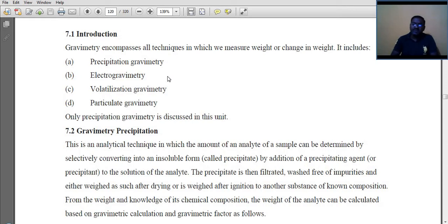Once the precipitate is formed, it is filtered, washed to remove impurities, and weighed as such after drying, or weighed after ignition to another substance of known composition. From the weight and knowledge of its chemical composition, the weight of the analyte can be calculated based on gravimetric calculations.